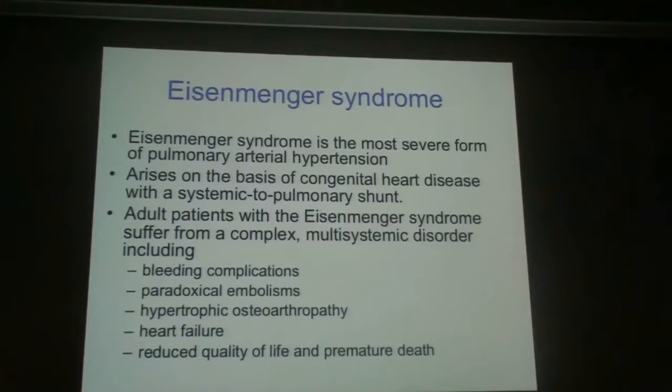Adult patients with the Eisenmenger syndrome suffer from a complex multisystemic disorder, including bleeding complications, especially massive hemoptysis, paradoxical embolism because of the communication between the systemic and pulmonary circulation. You can understand that clots from the lower limbs eventually can reach the systemic circulation and cause paradoxical embolism.